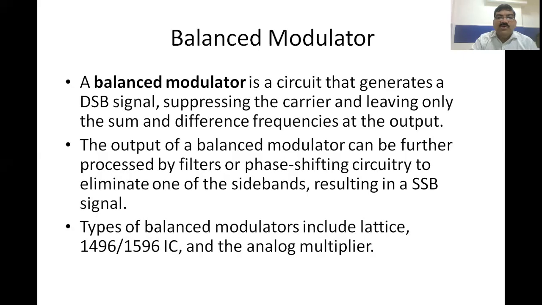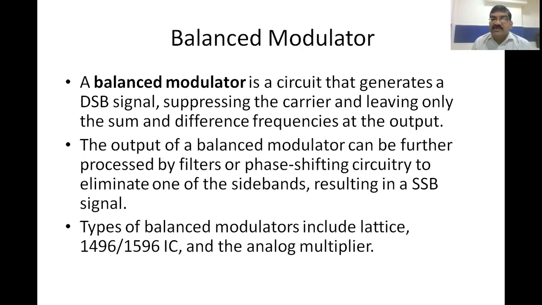So using balance modulator. What is a balance modulator? The balance modulator is a circuit that generates a double sideband signal, suppressing the carrier and leaving only the sum and the difference frequency at the output. So it can suppress the carrier, so power saving is there.